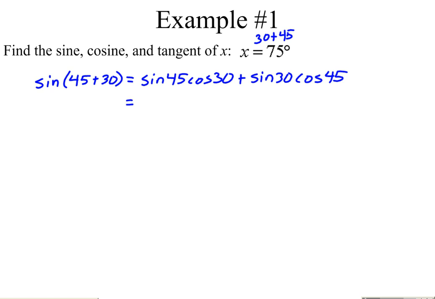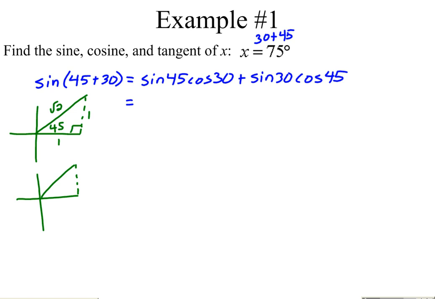Now we just need to evaluate each of those. So draw your reference triangles. 45-degree angle, 1, 1, root 2. 30-degree angle, 1, root 3, and 2.